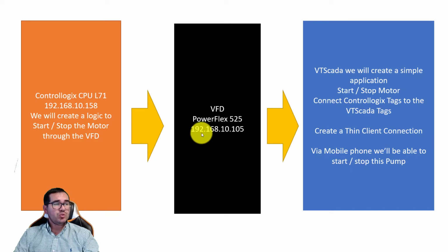The IP is 192.168.10.105, and on the SCADA side we're gonna create a simple application to start and stop this motor, and we're gonna connect ControlLogix tags to the VTScada tags. After that, the next step is we're gonna create a team client connection, and via mobile phone we will be able to start and stop this pump. So let's do the next step.